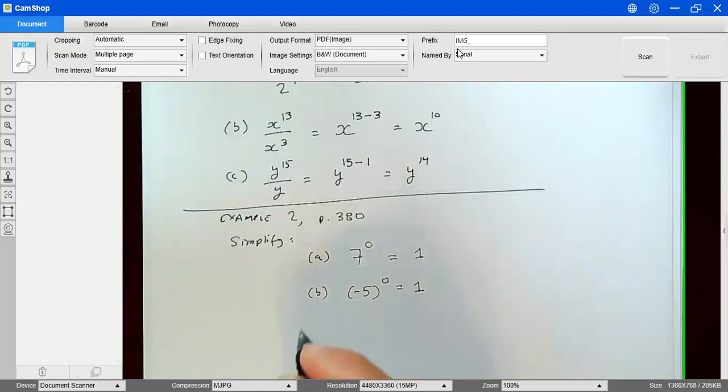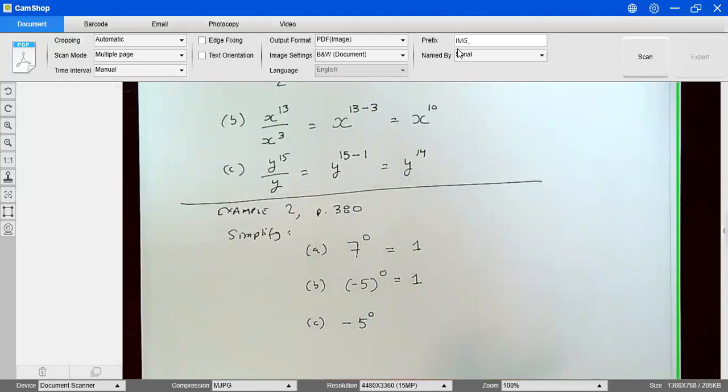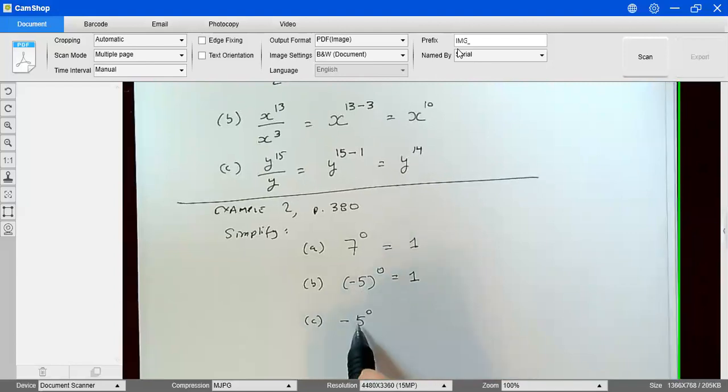In the next case, we have -5 to the 0. So now the base is only 5. In this case, the base was -5. Now the base in this case is 5 only. So you're gonna keep the sign because it's outside of the power. It's outside of the base. And you're gonna write just 1 because 5 to the 0 is 1.